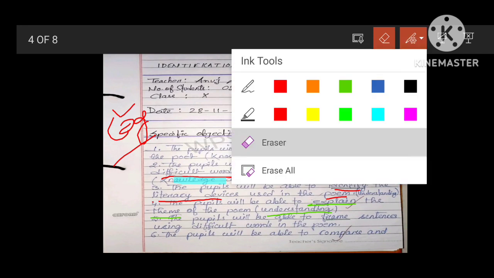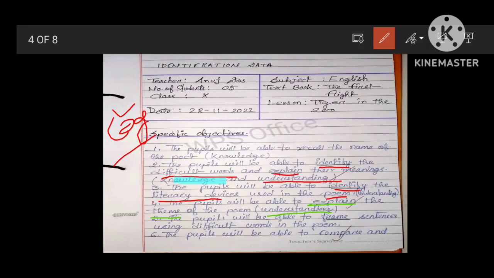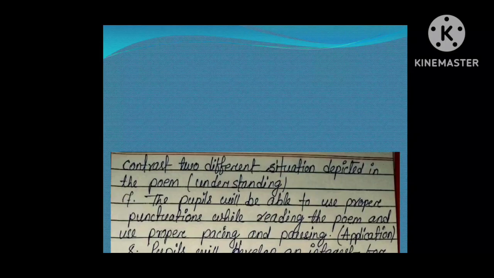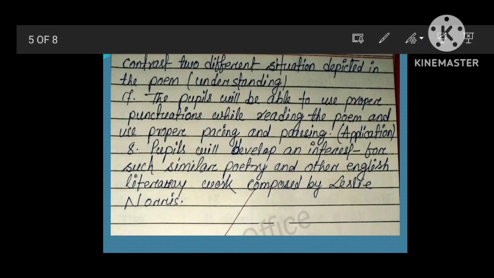Application. Okay, then moving further, the next objective, you see, the pupils will be able to compare. They will be able to compare what? Compare and contrast two different situations depicted in the poem.